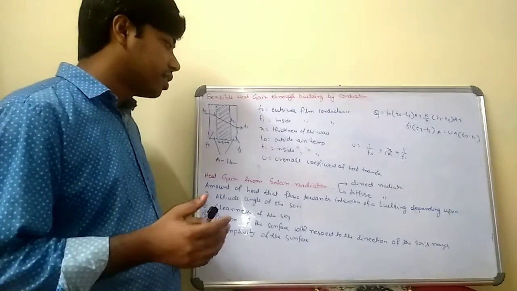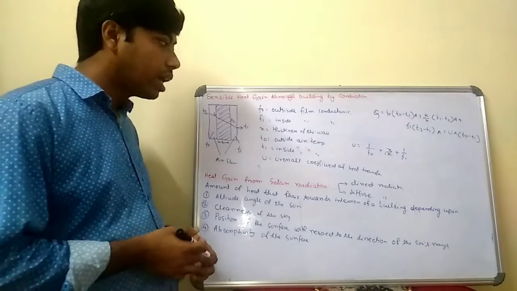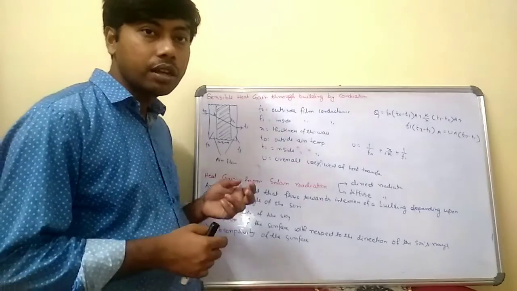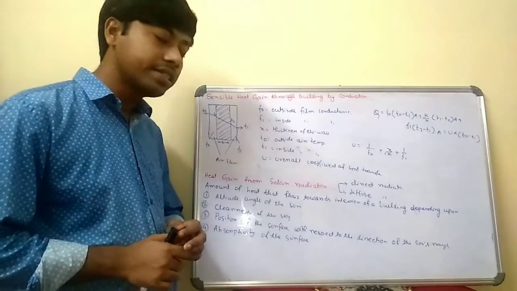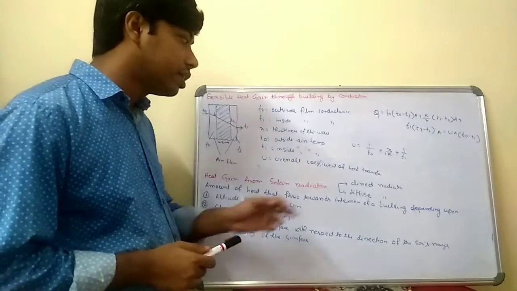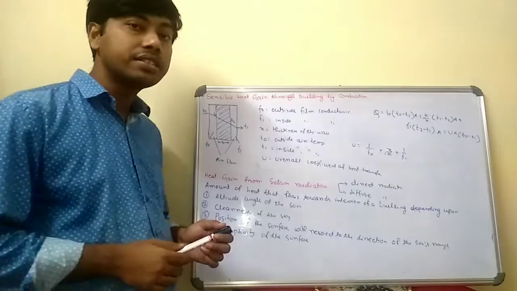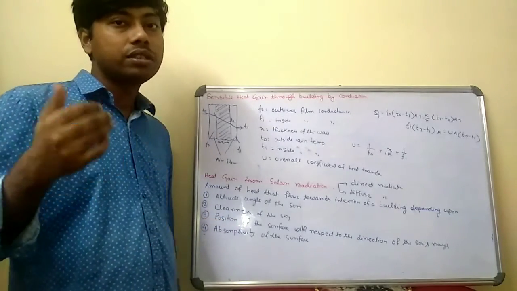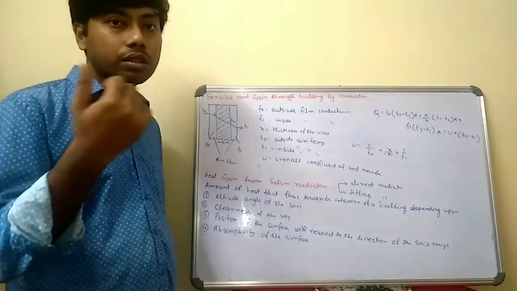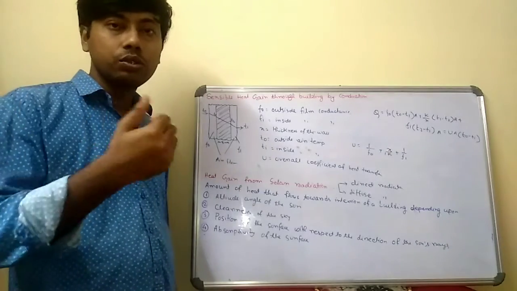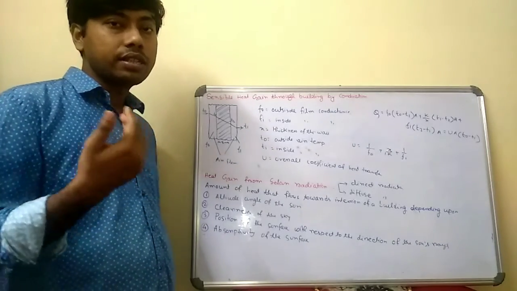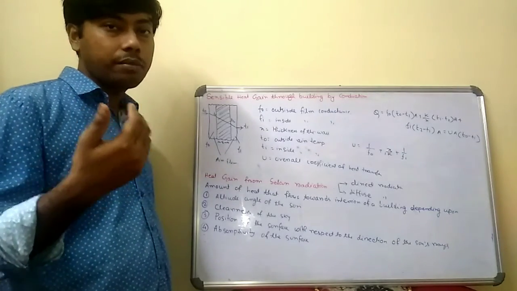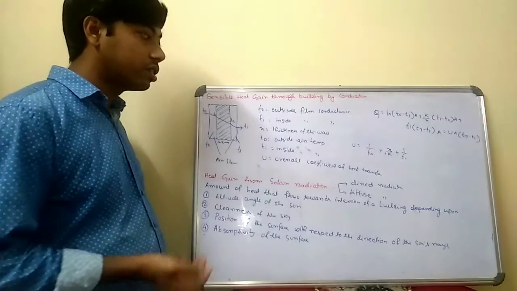That is basically done by the solar radiation method, and solar radiation comes in two ways: one is direct radiation and one is diffusion radiation. Direct radiation means the sun rays coming directly from the sun to our wall or the windows, and that amount of heat gain is called direct radiation.